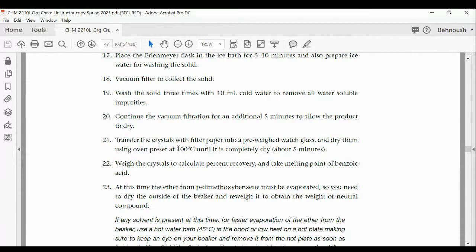We want to make sure that the water is evaporated in this case, but the benzoic acid melts at 122. So if the oven is set at 100, you should be fine. You are not going to lose the product, because the product doesn't melt at that temperature. The product melts if the temperature goes over 120.